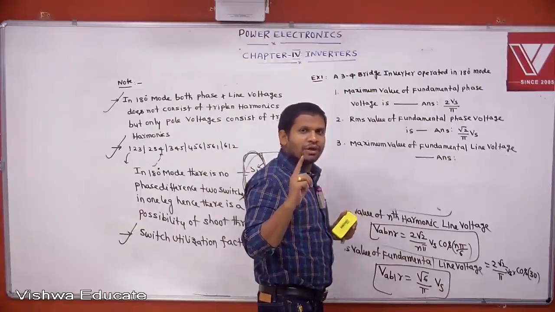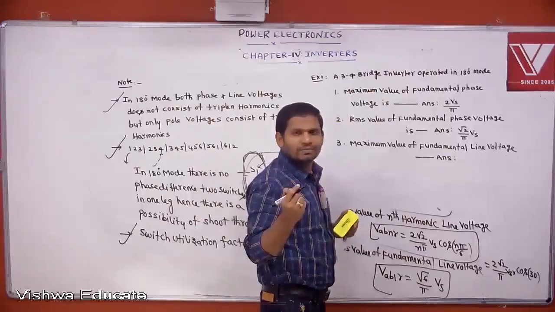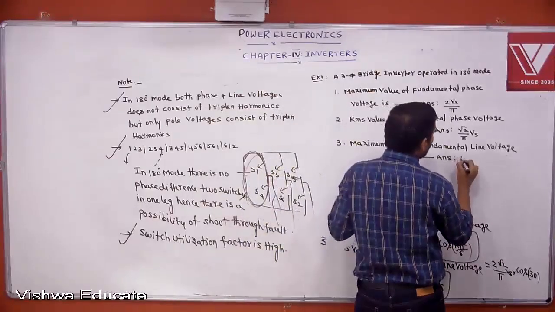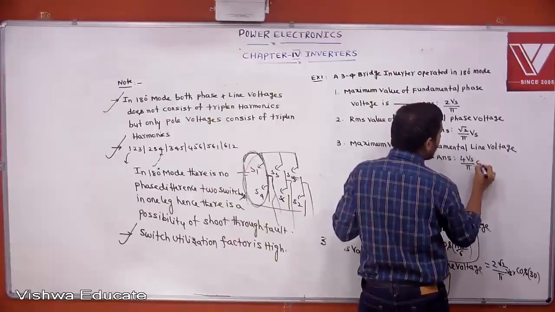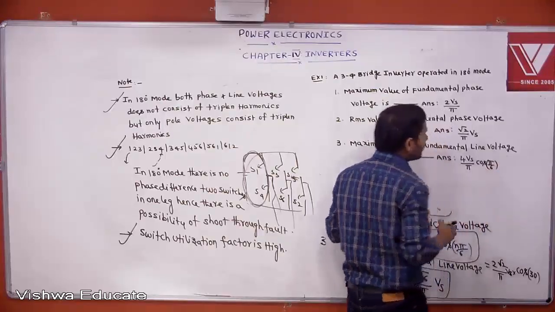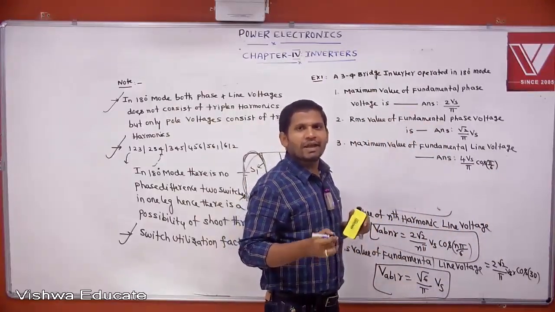Fundamental RMS voltage is root 6 by pi Vs. If you want the maximum value, it is root 2 times the RMS, or otherwise 4 Vs by n pi cos of n pi by 6, with n equal to 1.